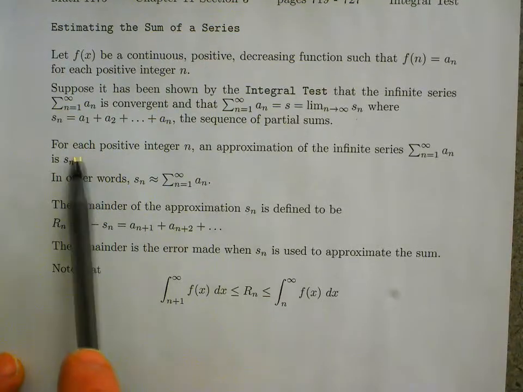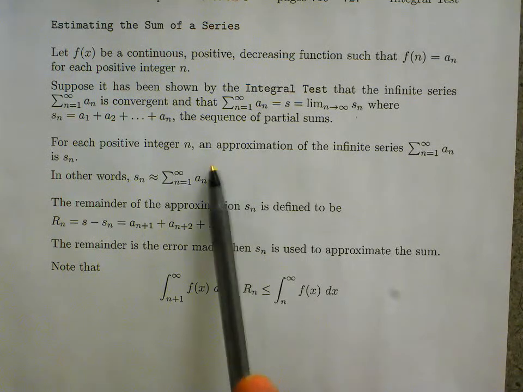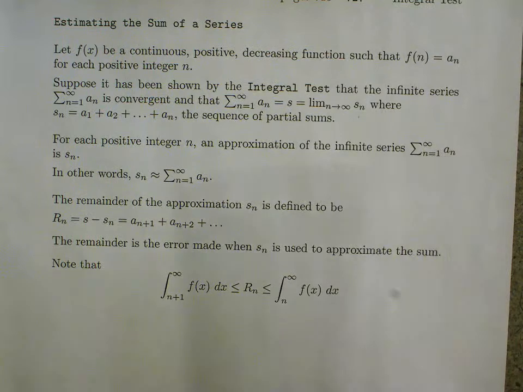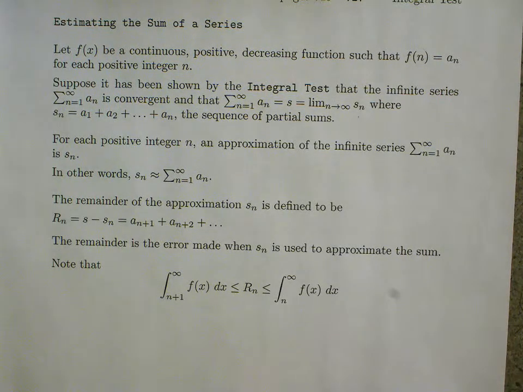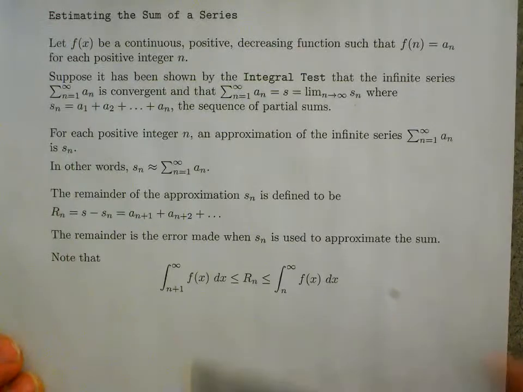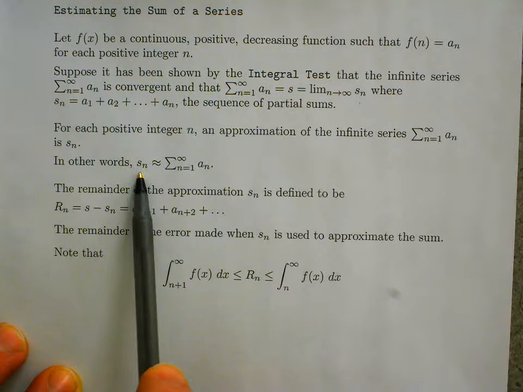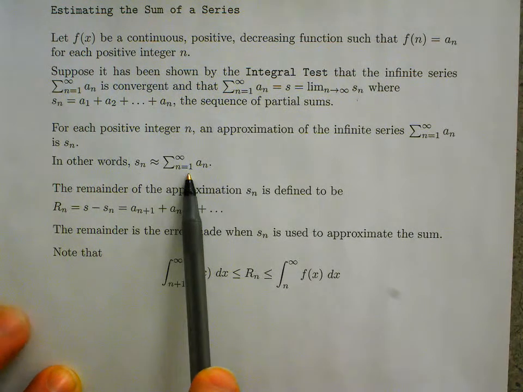Okay, so for each positive integer n, an approximation of the infinite series of the a sub n terms is the sequence of partial sums. So in other words, S sub n can be used to approximate the infinite series.